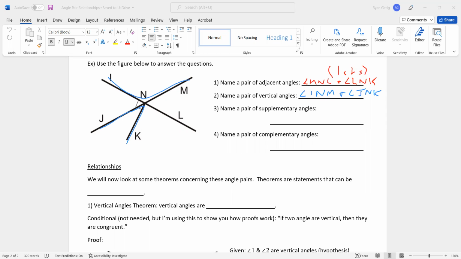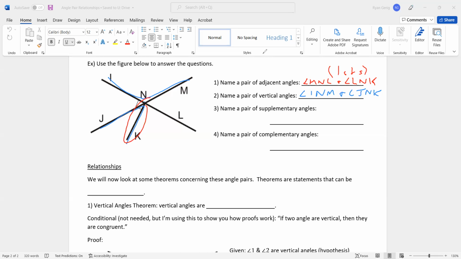They are kind of opposite each other, but there's a problem with that. Remember, in the definition was two opposite rays. Well, they all have the endpoint of N, so they all could be opposite rays, but NK does not form a line with any other ray. So those are not opposite.